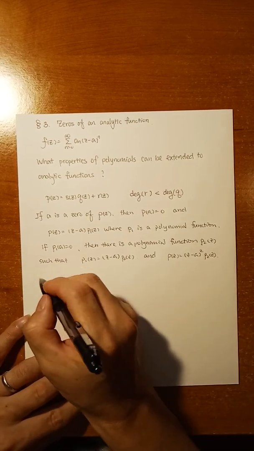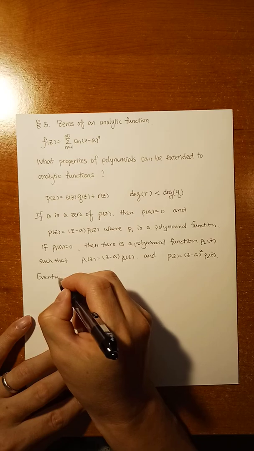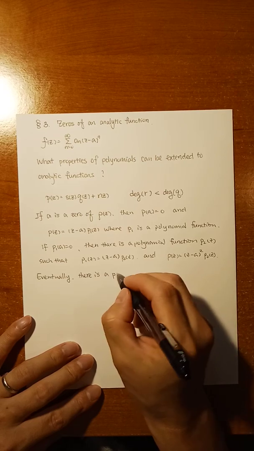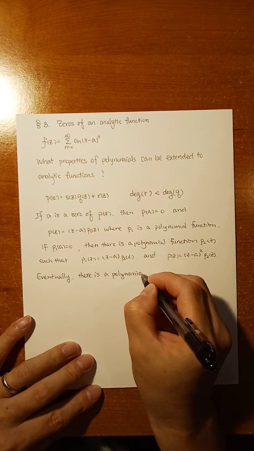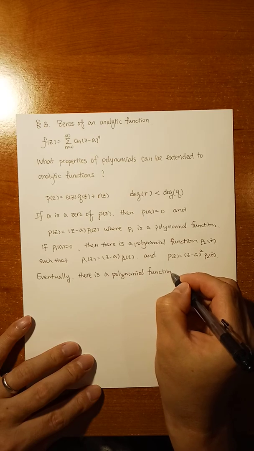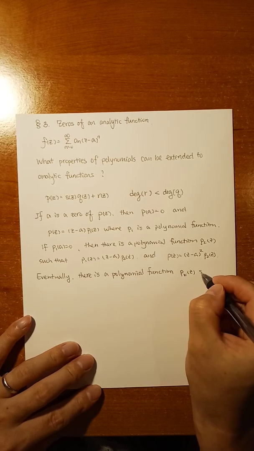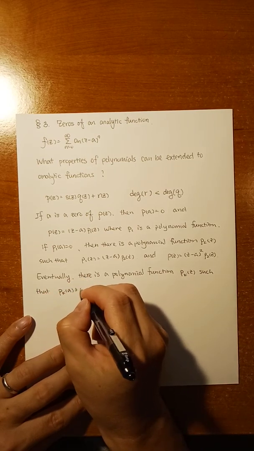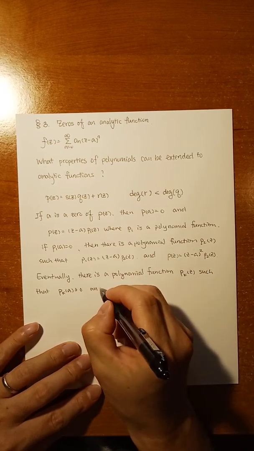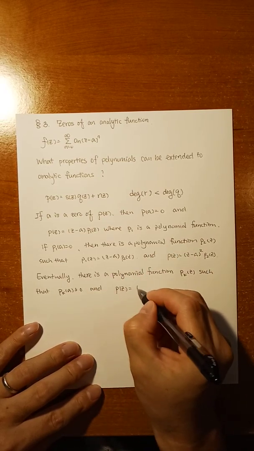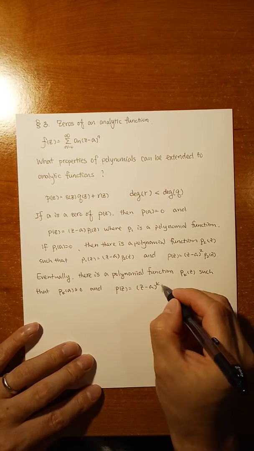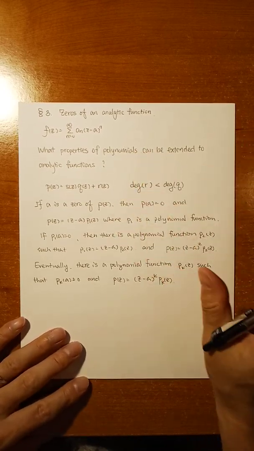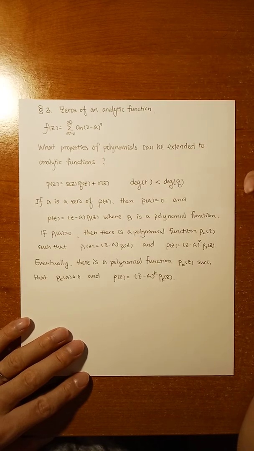So eventually, there is a polynomial function pk of Z such that pk of A is not equal to 0. You have to stop. And P of Z is equal to Z minus A to the kth power times pk of Z. This is the final step.